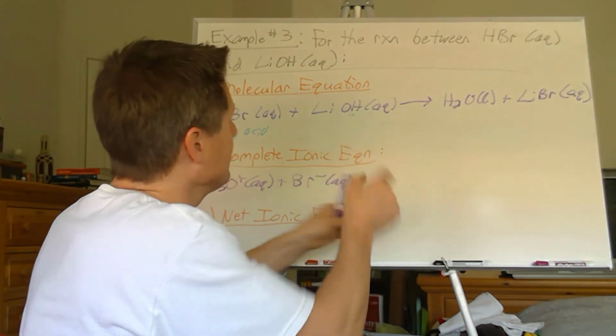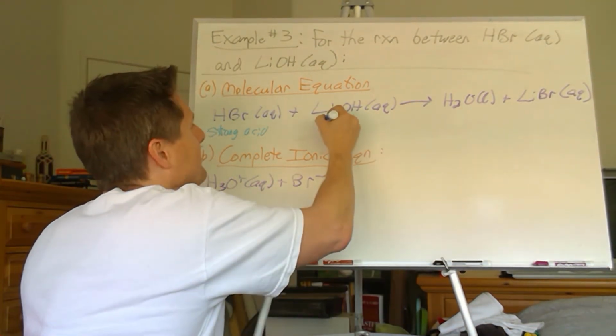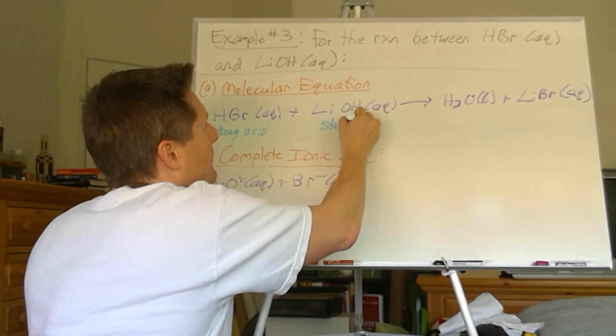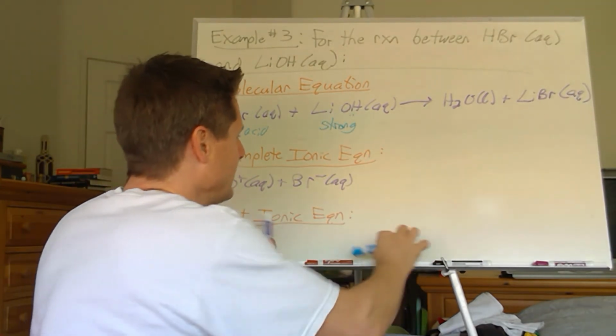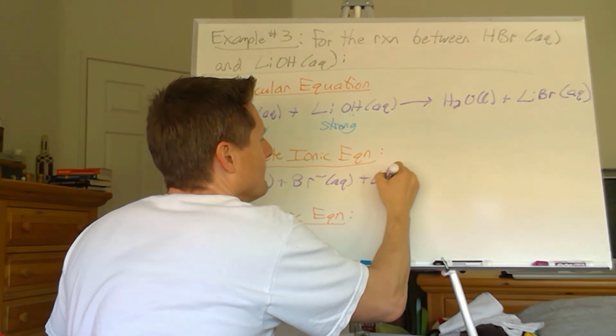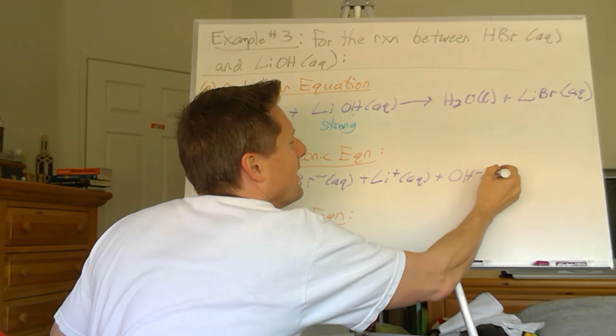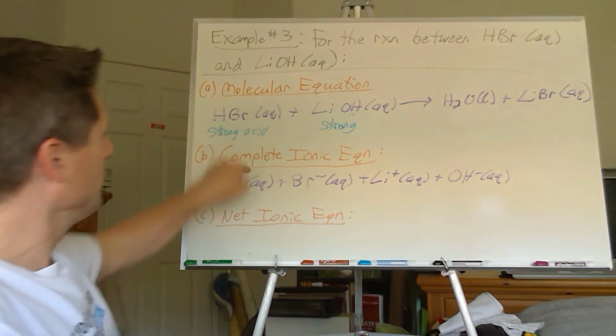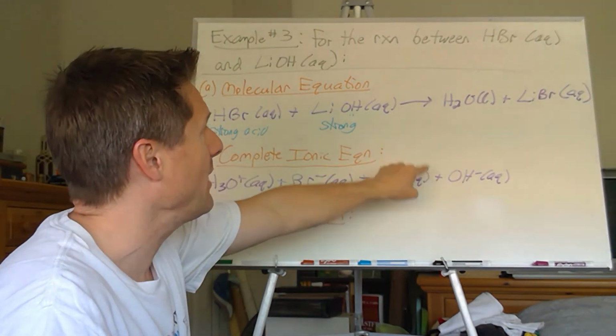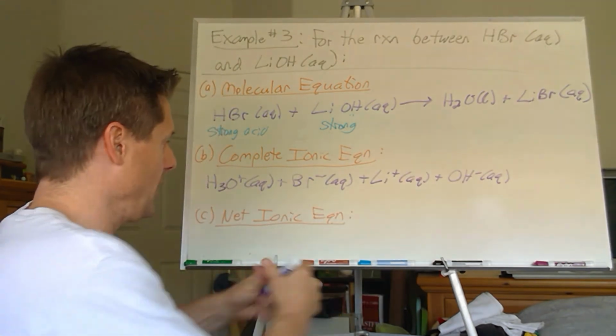This is a soluble ionic solid. It's a strong base. So we're going to split the lithium hydroxide. Everything we got one of makes life nice. So split the strong acid, split the strong base. Water is a non-electrolyte, right?